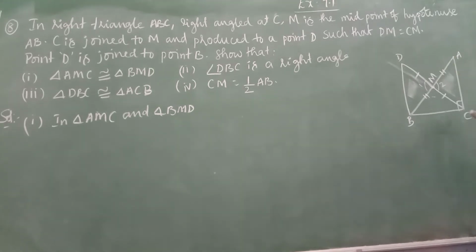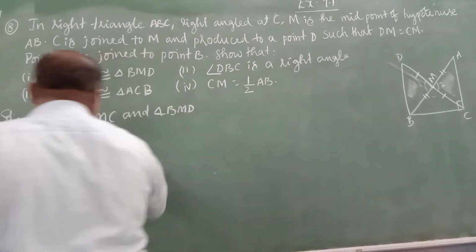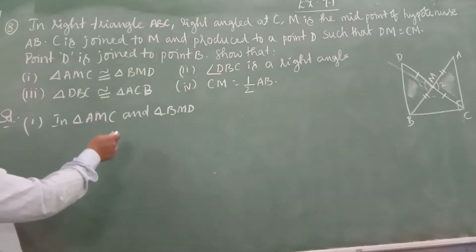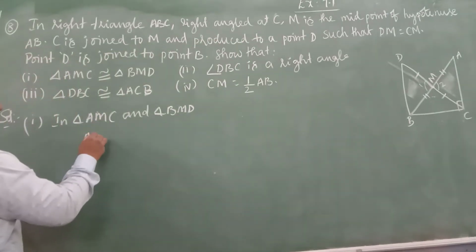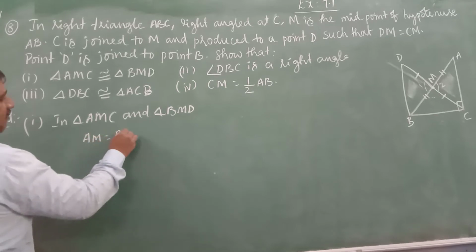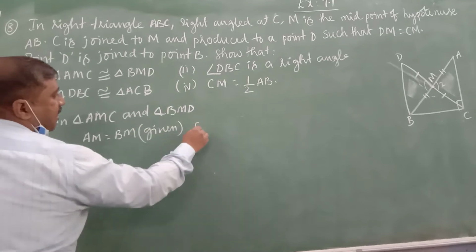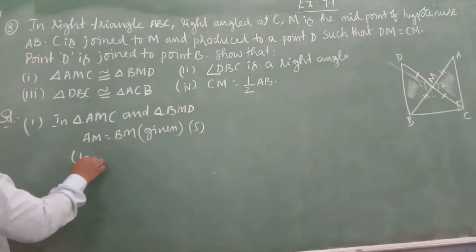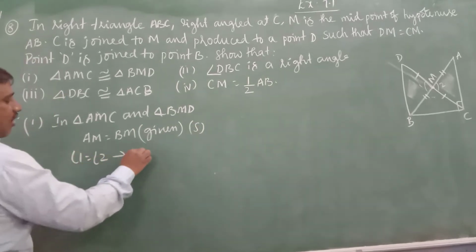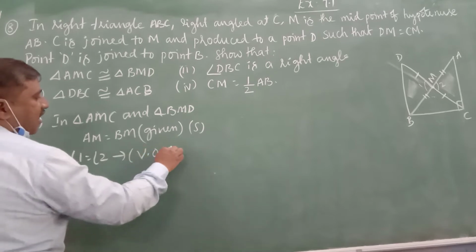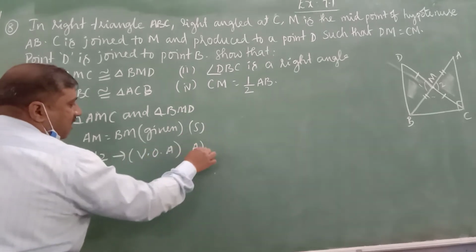Clear? So everything is given in the question. In these triangles, what are equal? AM is equal to BM, it is given, side. Then angle 1 is equal to angle 2, reason: vertically opposite angles are equal, that is angle.